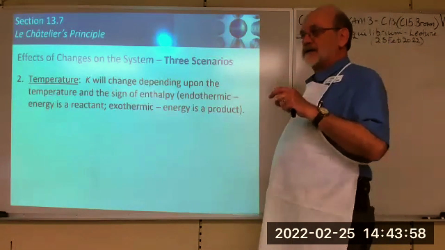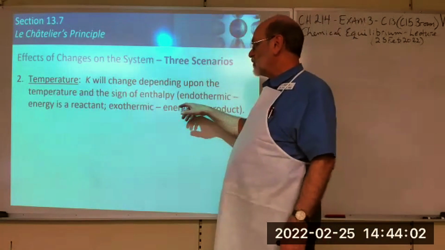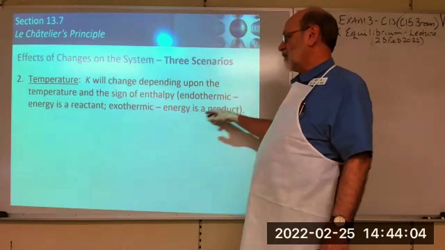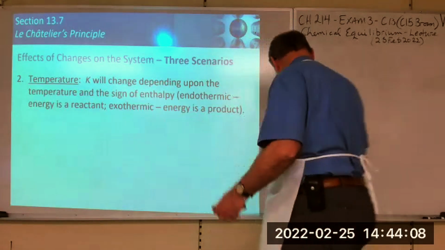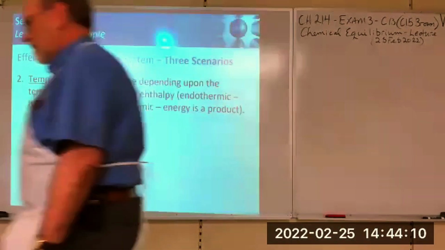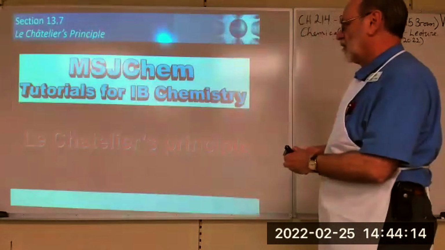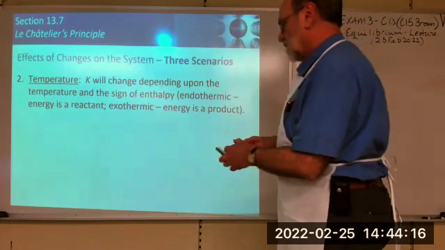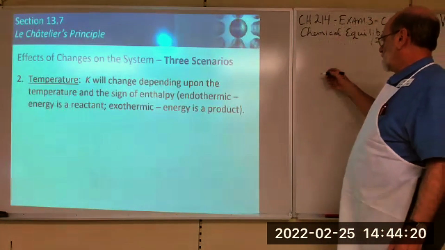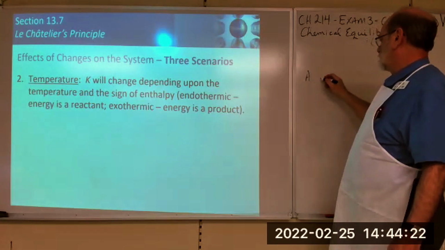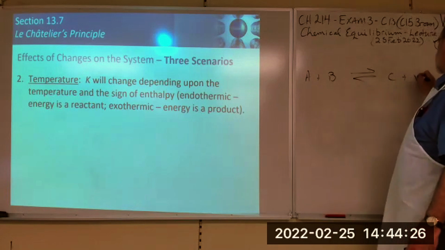What is more useful in this case is whether we know that the reaction is endothermic or exothermic. Let's just say we have A plus B yields C plus D again.